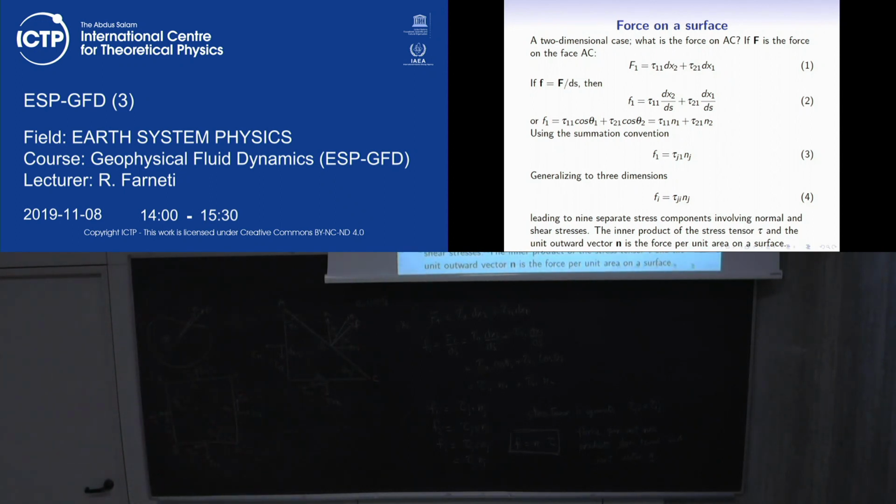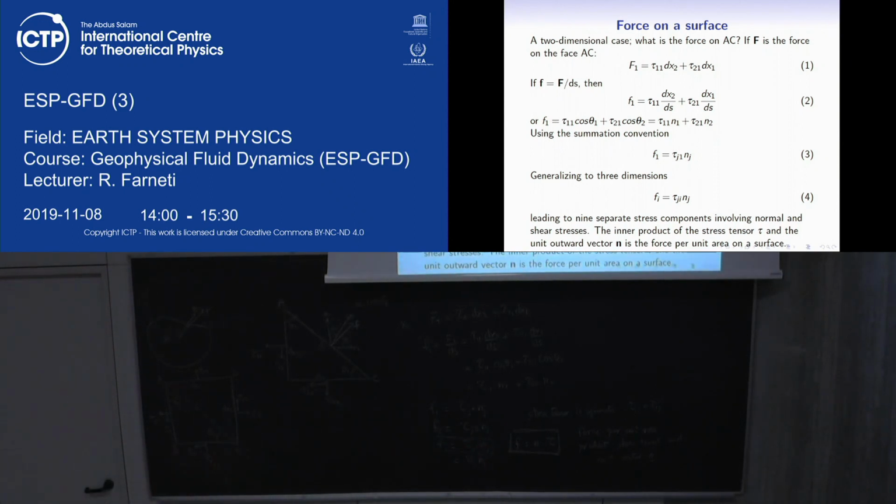So f1 is those two components in the one direction, per unit area is small f, and so it's dx2 over ds, dx1 over ds. And dx2 over ds is cosine of theta 1, which is n1, and dx1 over ds is cosine of theta 2, which is n2, because n is unity. You can use the summation convention. So f1 is tau j1 nj. You can generalize to 3 dimensions, fi = tau ji nj.